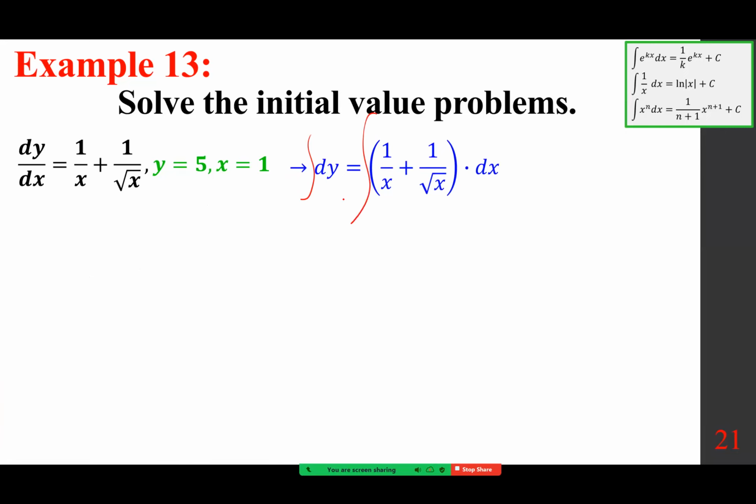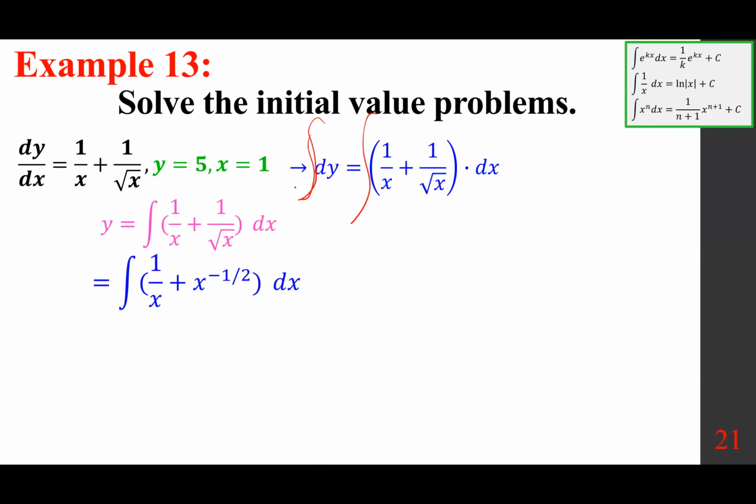If you integrate both sides, the left side becomes y, my apologies. We are going to change square root of x to x to the power of 1/2 and bring it up. So the first part is very straightforward, it is simply 1 over x, and it results in ln of the absolute value of x.